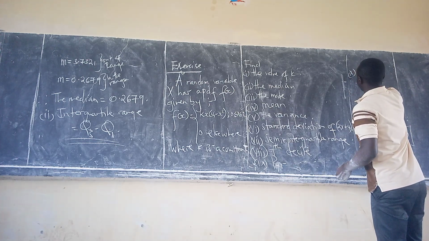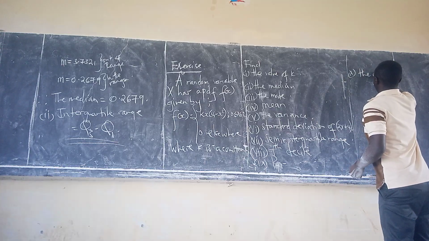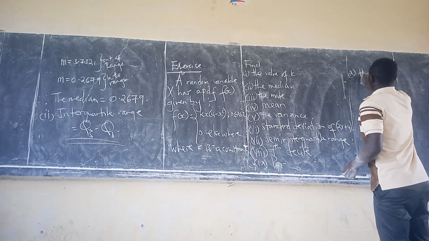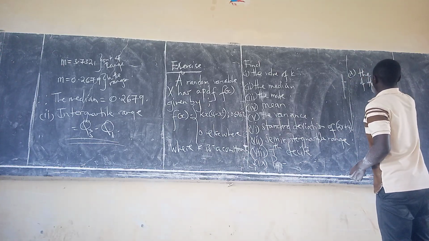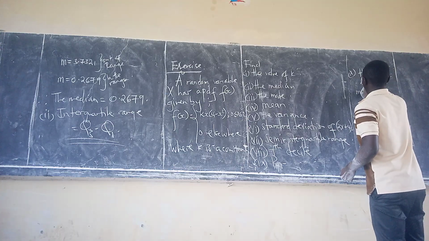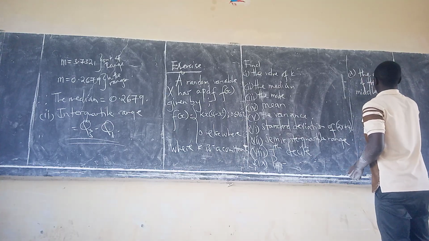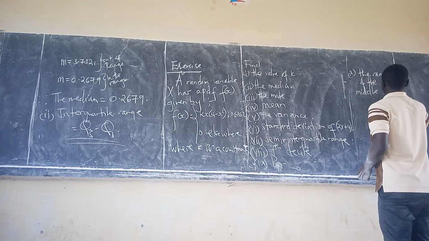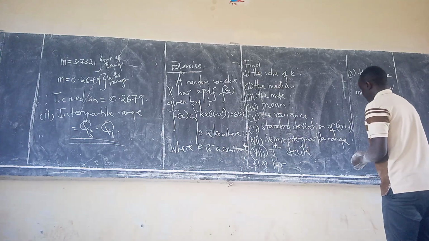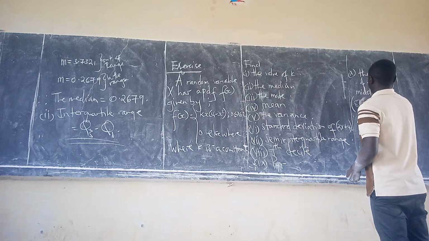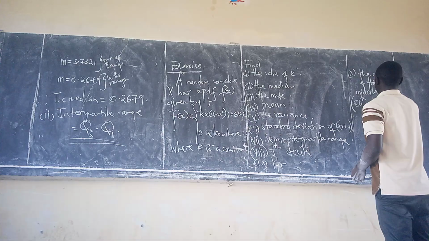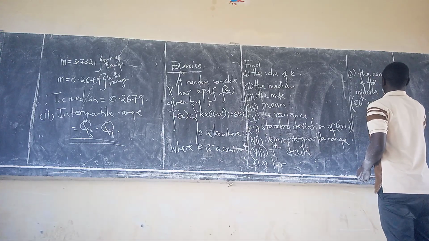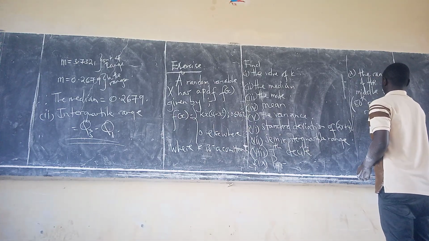So Roman 10 is the range of the middle 80%. Sometimes they call it the 80th percentile range.